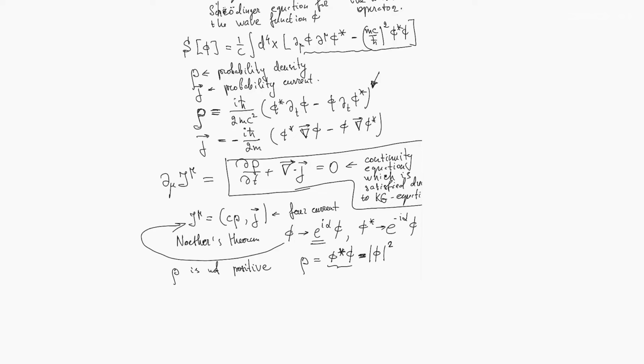And since it's of the second order, you need to supply as initial conditions not only the value of phi, but also the value of its time derivative at an initial moment of time. And these values of phi and phi dot can be chosen in an arbitrary way. And if they can be chosen arbitrarily, you see that this expression might also take negative values, and therefore rho is not positive definite in general.